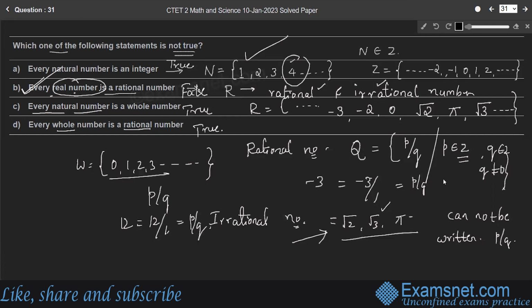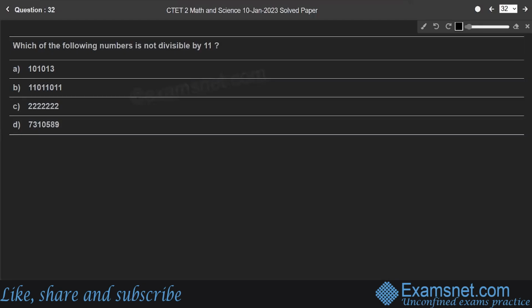Question 32. Which of the following numbers is not divisible by 11? Here students, the divisibility rule of 11 says, if the difference between the sums of the alternate digits is equal to 0 or 11, then the number is divisible by 11.